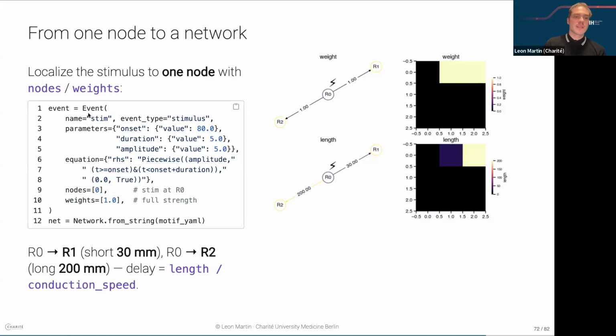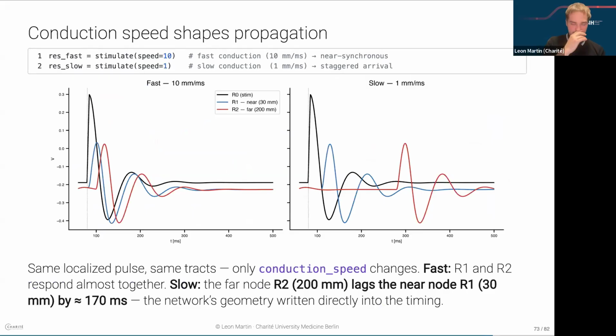We define this as an event with the parameters and the equations. We say, okay, we stimulate node 0 with a scaling of 1. And then we have a short connection and a long connection.